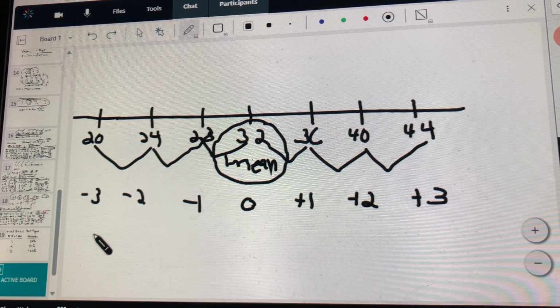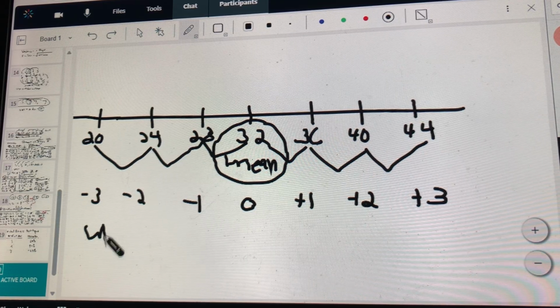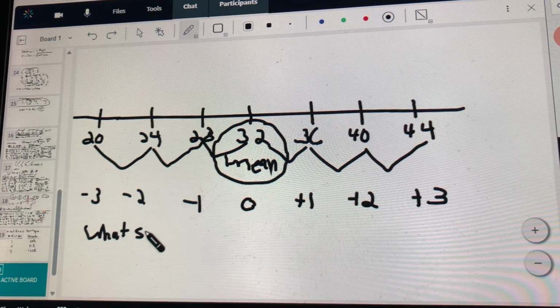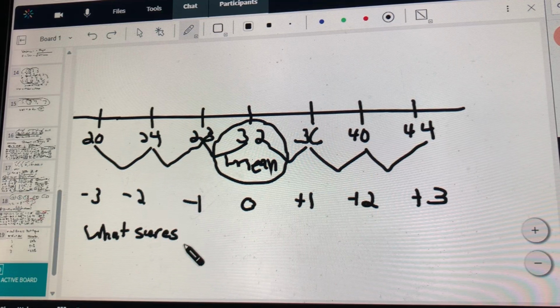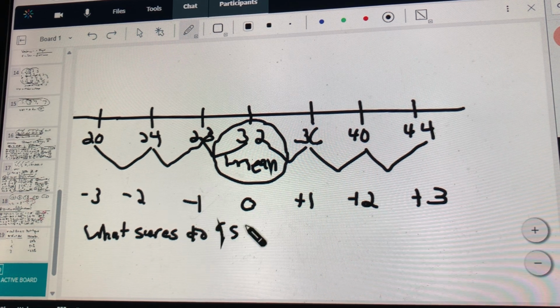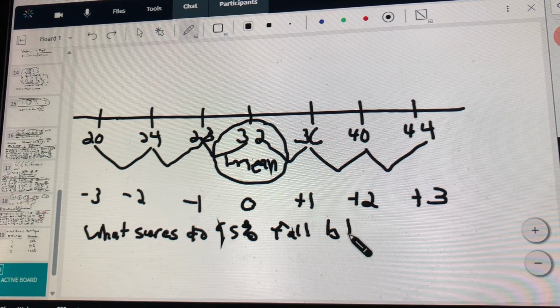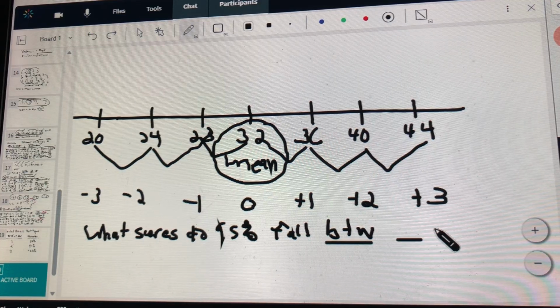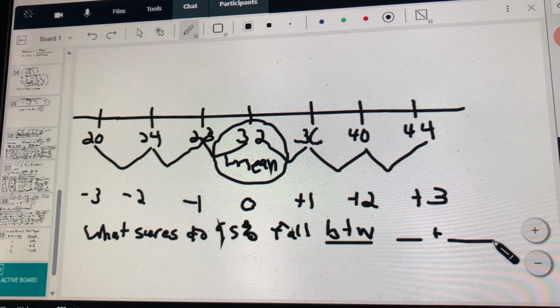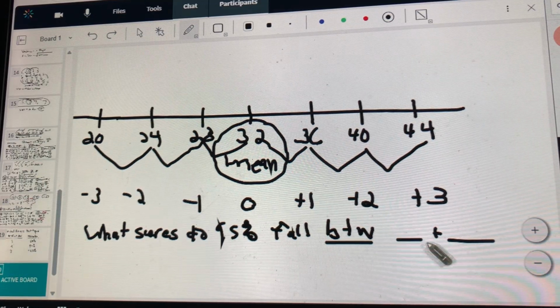They want to know what scores 95% fall between. So it says blank and blank. One key thing is you hope to have between. There are some other cases besides between, but between is the best way to do this if you get a between case.